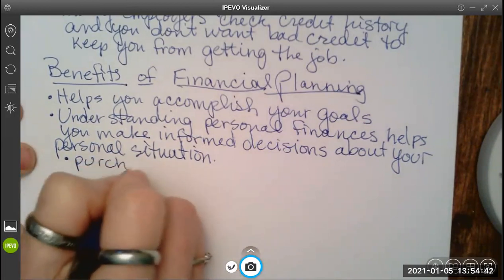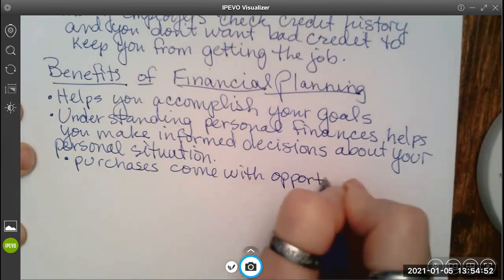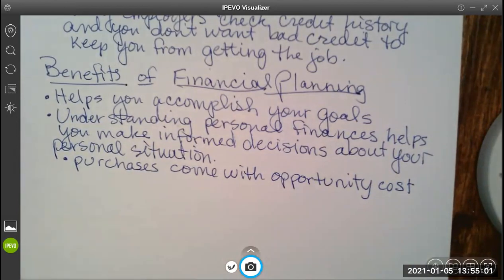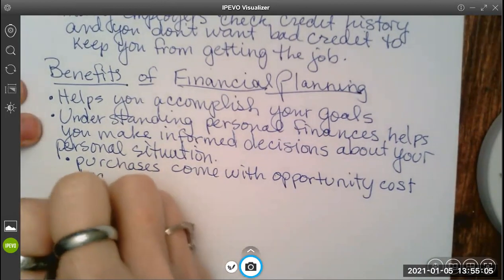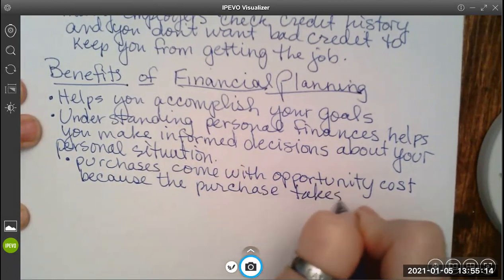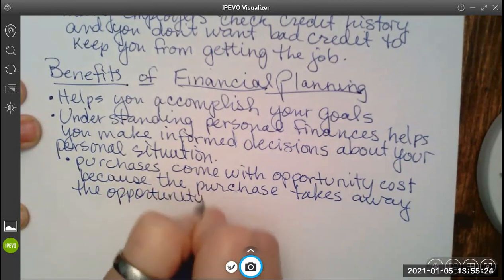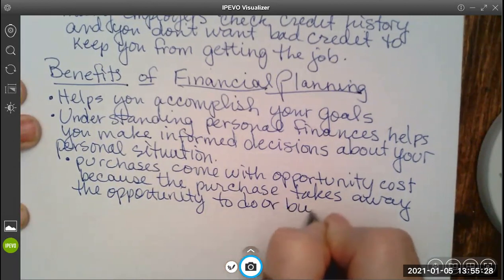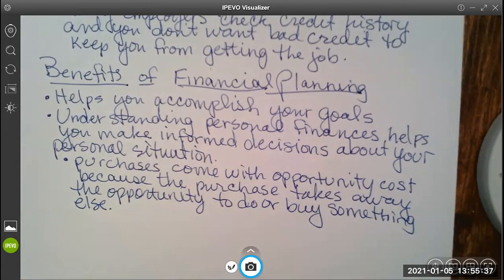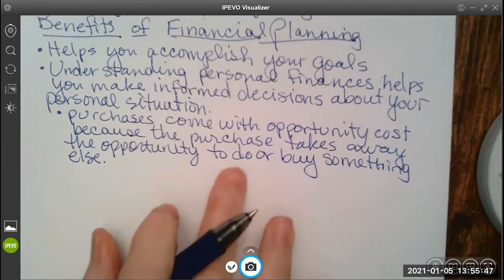Because purchases come with opportunity cost. Okay. When you buy something, it comes with what they call an opportunity cost because the purchase takes away the opportunity, hence opportunity cost, to do or buy something else. Okay. When you purchase something, it takes away your opportunity to purchase or buy or do something else.